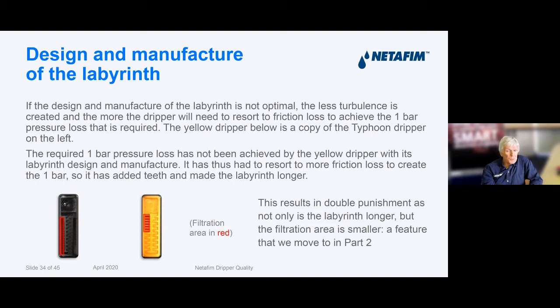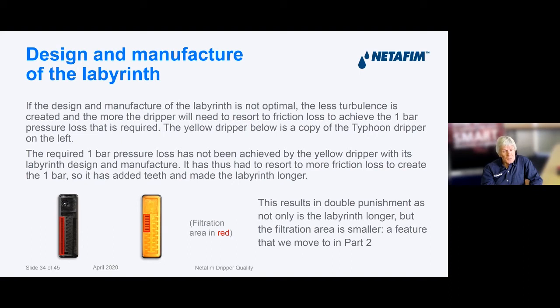Okay, so those two drippers, on the left and the right, they both produce 1 liter an hour and they both produce it at 1 bar pressure. But you can see that the filtration area, as I say here, results in double punishment. Not only in the yellow dripper have we got the longer labyrinth, but the dripper filtration area is now smaller.